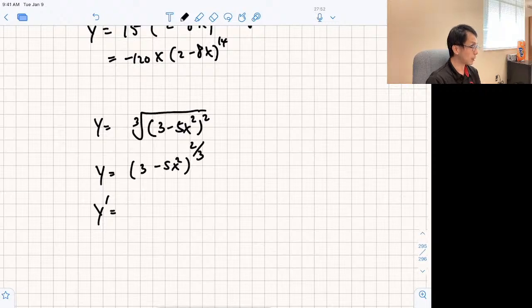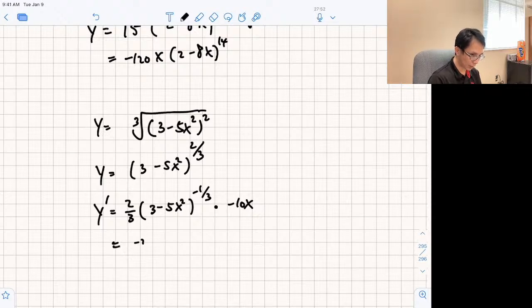Is it a power other than 1? If it's 1, then you just take a derivative inside. But if it's a power other than 1, then you have to be careful. It's 2/3 times 3 minus 5x squared to the negative 1/3 times negative 10x. Does that make sense?